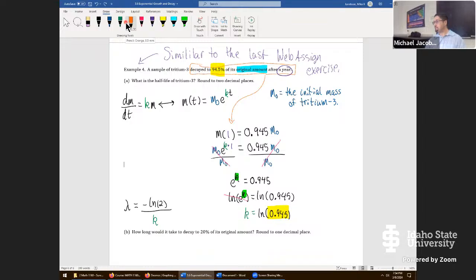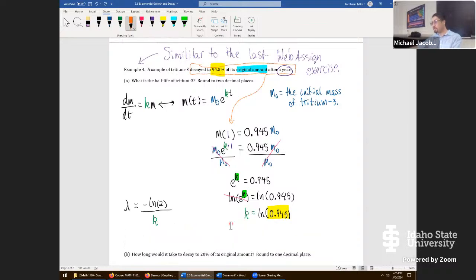Okay, despite everything we've done so far, we still haven't actually solved the problem. It asked for what the half-life is. So our end answer down below is going to be this.